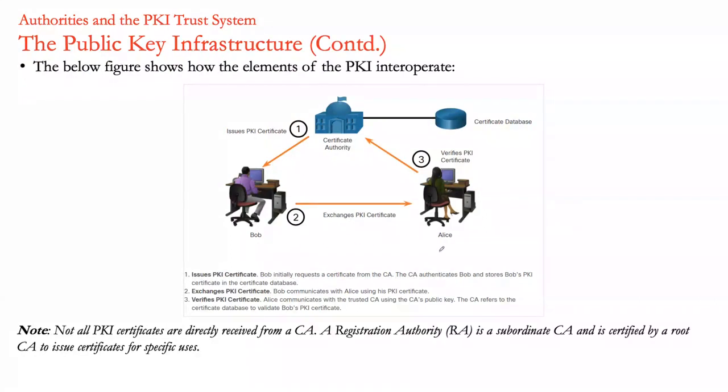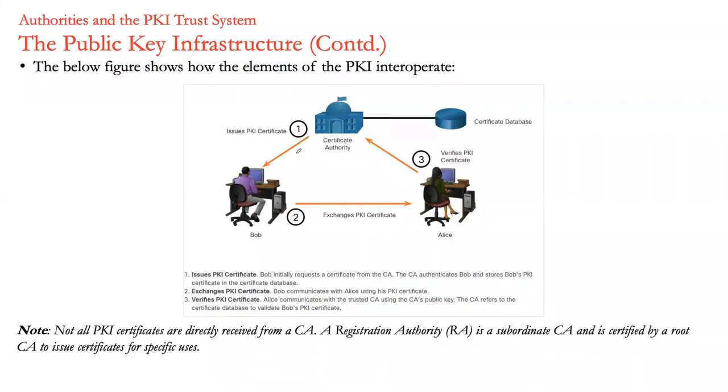When Bob and Alice want to exchange some information, the certificate authority issues a digital certificate to Bob. Then Bob uses that digital certificate, which is initially requested from this authority.